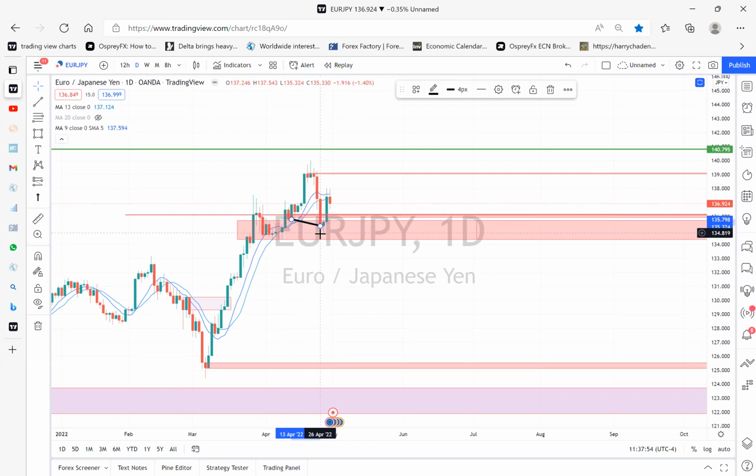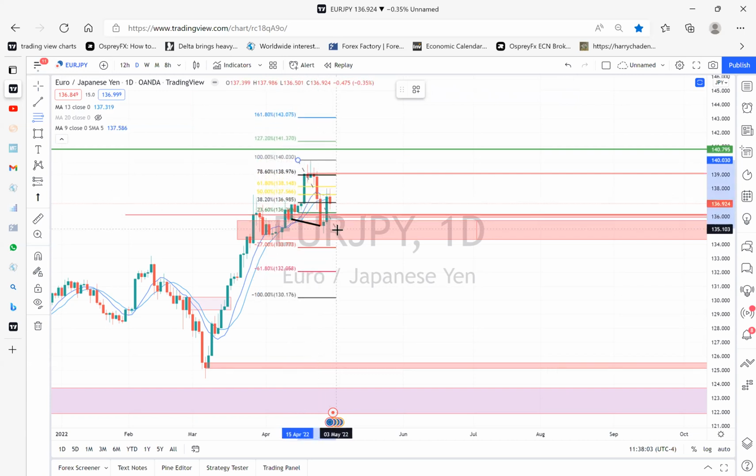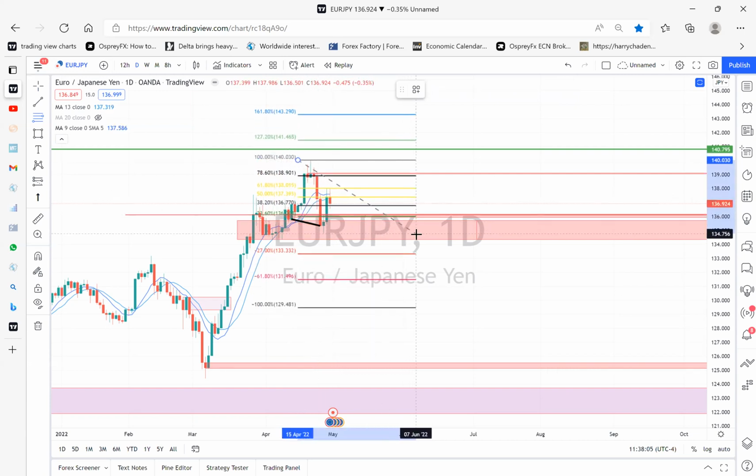So at this point, I'm going to say it's going to sell. So now my interest is the market went from here to here. It pulled back to my golden zone. So I would expect for this thing to push down.